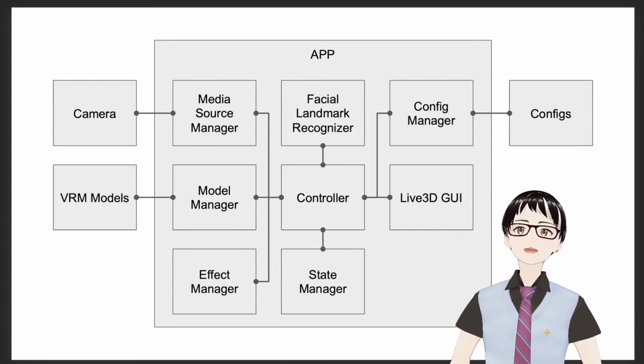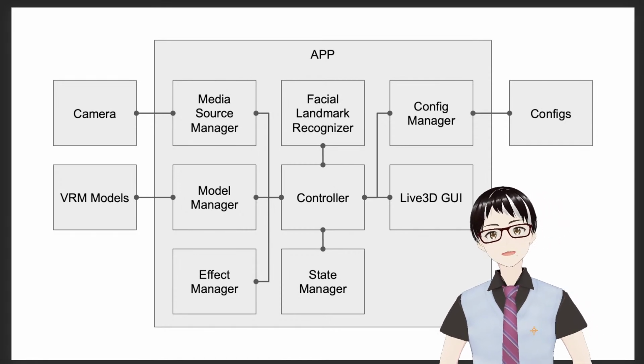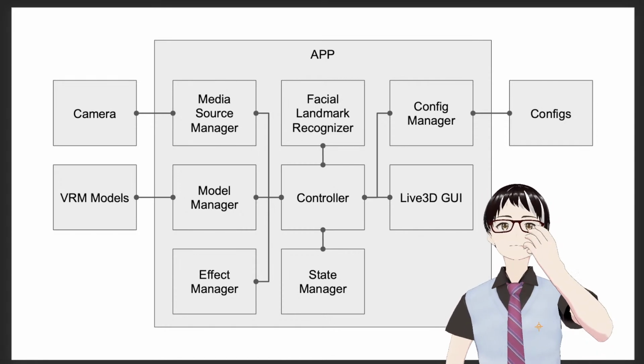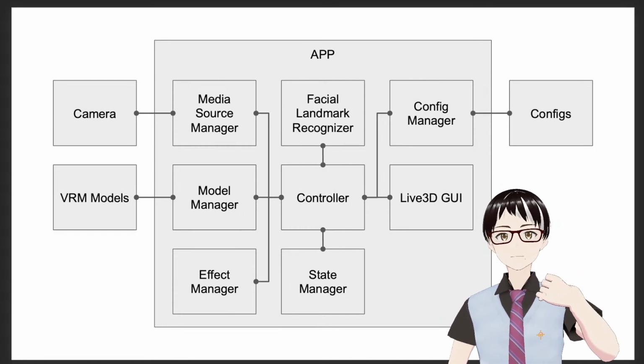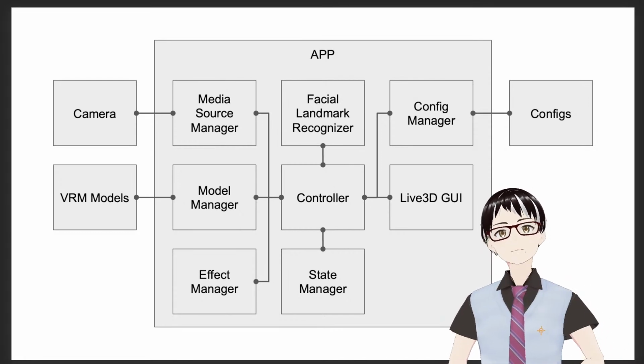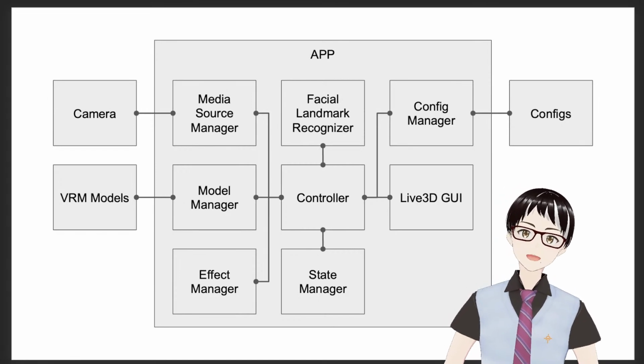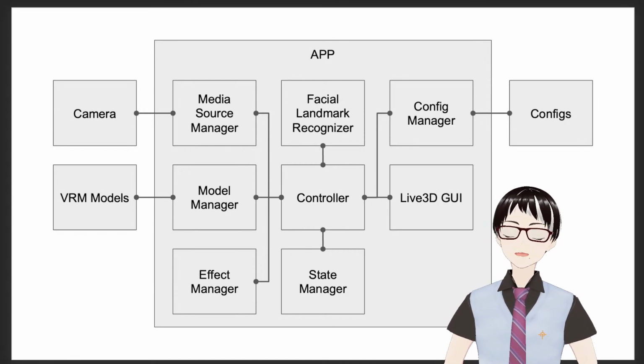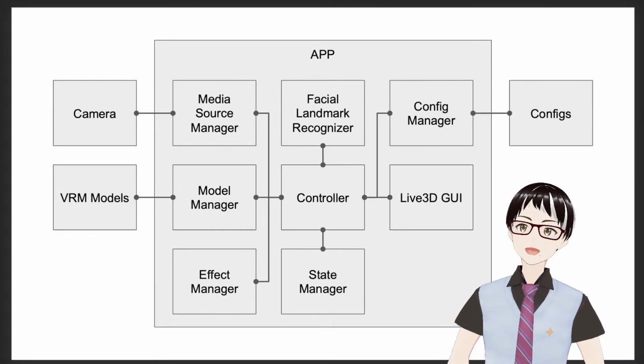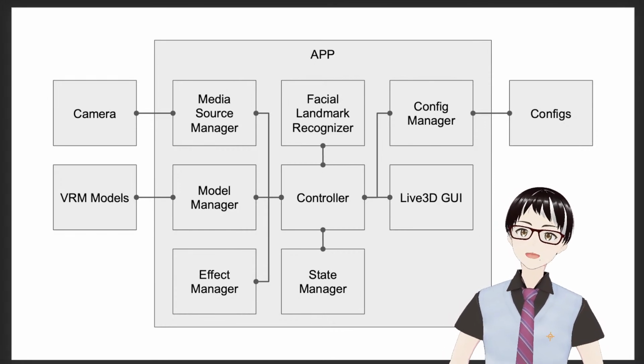Especially when you're trying to get the facial landmark recognizer, the machine learning model, basically. We're trying to get the machine learning model to send out its result and convert that into a motion vector or into a blend shape that can control our 3D model.